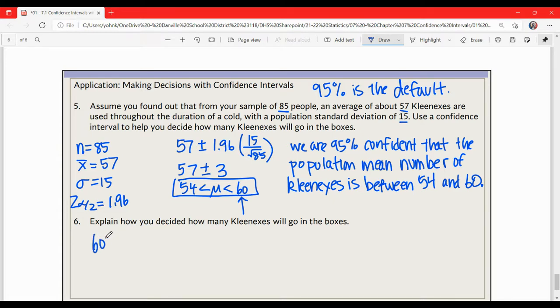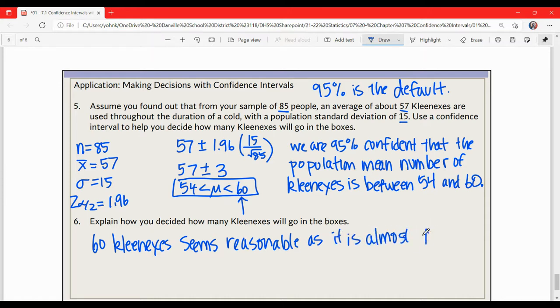So we can say 60 Kleenexes seems reasonable as it is almost 2 standard deviations above the mean.